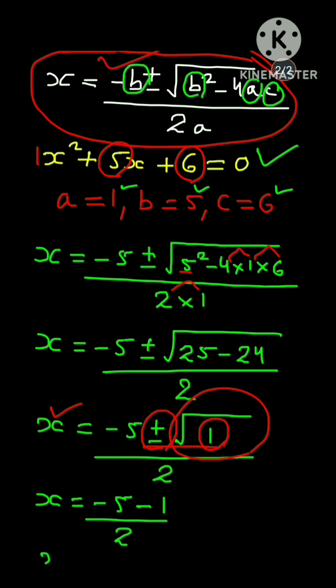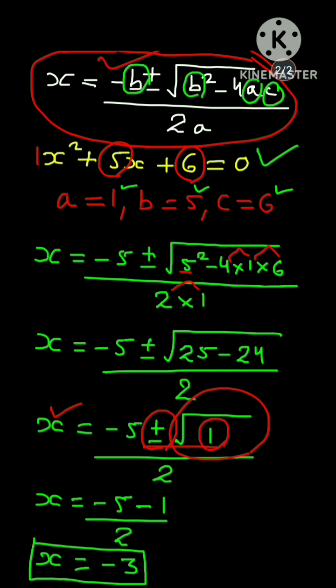Then x equal to minus 5 minus 1. After adding, we will obtain minus 6, and that minus 6 should be divided by 2, and finally we obtain the value of x will be minus 3.